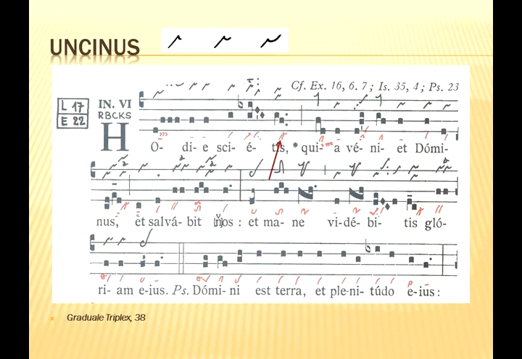The final syllable of this word is a clivis, lengthened by an episema in the Sangal notation. Laon uses two uncini. The use in Laon of two uncini rather than a clivis can also be interpreted as an indication to lengthen the syllable, as would be normal in such a cadence.